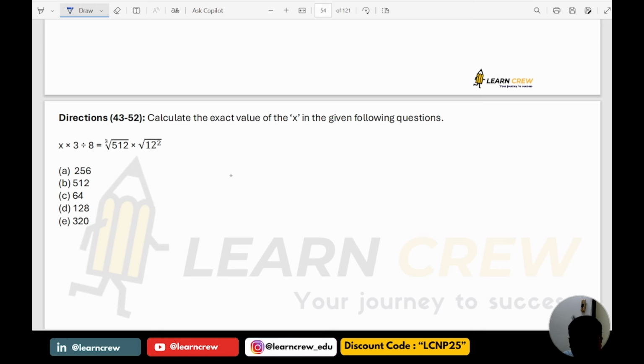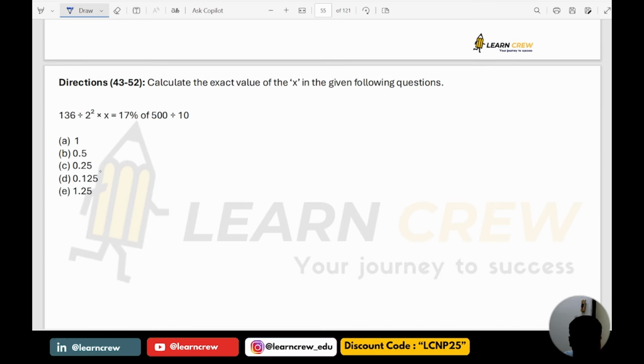So it is nothing but 3x by 8. 3x by 8 is equal to cube root of 512, which is 8, times square root of 12 square, which is 12. So from this what I am going to get? 3 4s are 12. So x is equal to 8 is 64, 4s are 256. So the answer is 256. Next one.